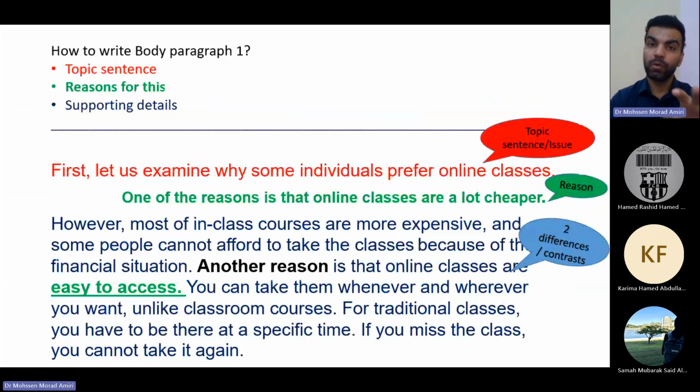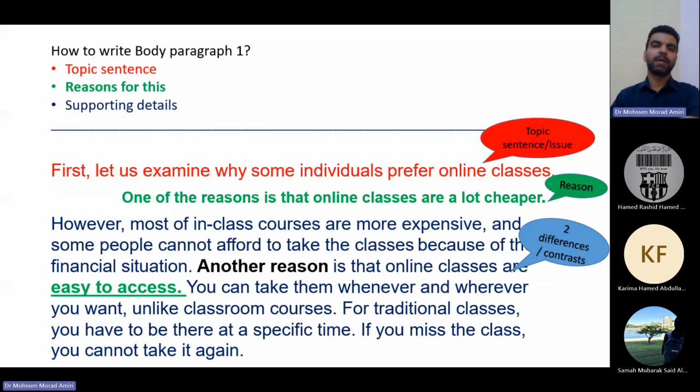In this part, we wrote the benefits, the reasons why people prefer online. So in one paragraph, you write, for example, why some people prefer homemade food. In another paragraph, you write why some people prefer home cooked food or restaurant.